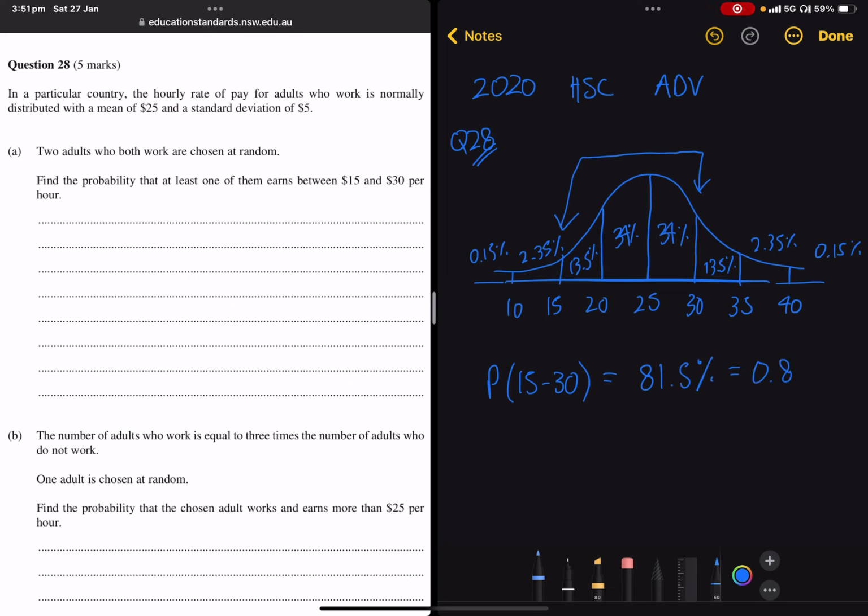Now, at least one, we've got to be careful with the wording here. At least one means one of them or both of them. So this is the way we're going to calculate this: the probability that at least one earns 15 to 30 is going to be 1 minus the probability that neither of them earn between 15 and 30.